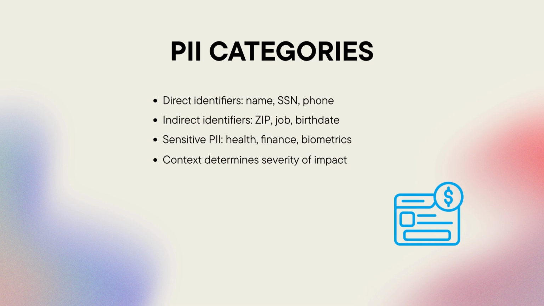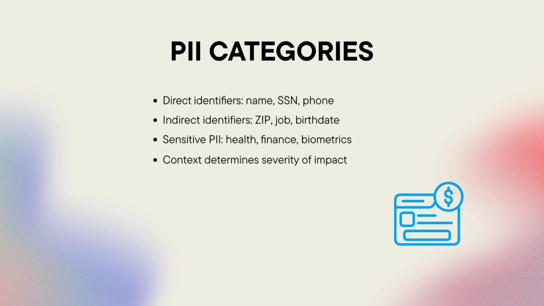So PII categories. PII can be divided into categories. Direct identifiers are single data points that uniquely tie back to an individual, such as a social security number or email address. Indirect identifiers don't reveal identity alone, but when combined, for example, a zip code and birth date, they may.